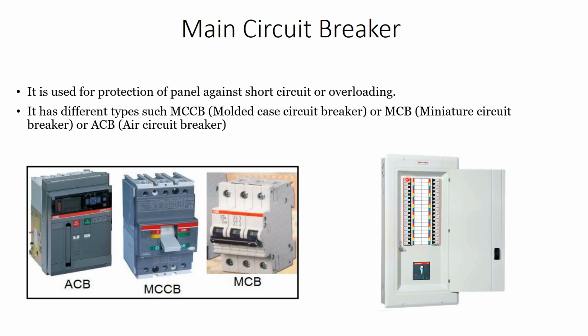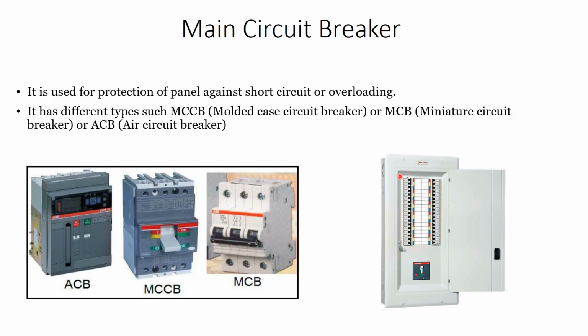This is of course in the case of single phase circuits. If we have one only for the red, another one for yellow, another one for blue, then each of these goes to a single phase circuit such as lighting or normal sockets. So this is the main circuit breaker, and these are the outgoing circuit breakers.